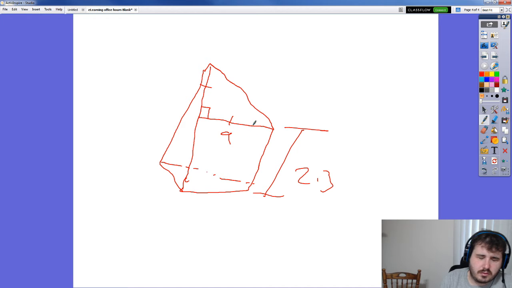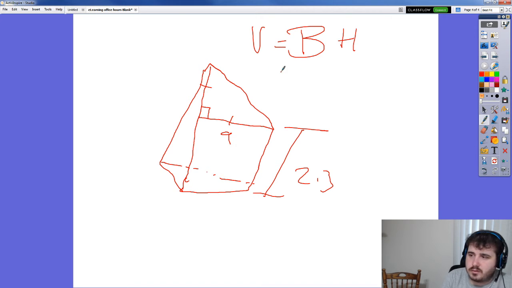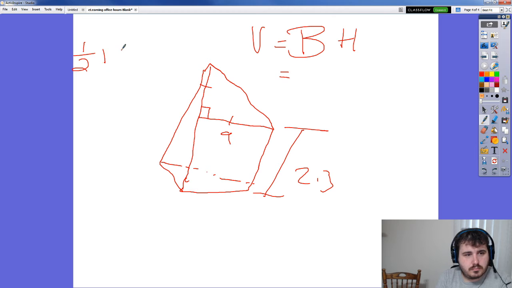So we can find the area of the base easily. Remember, volume is just area of the base times the height. So we've got one half for the area of the base of the figure.